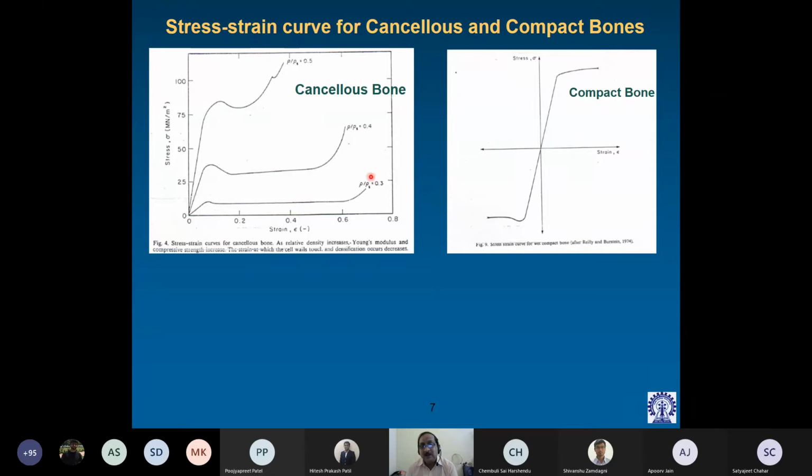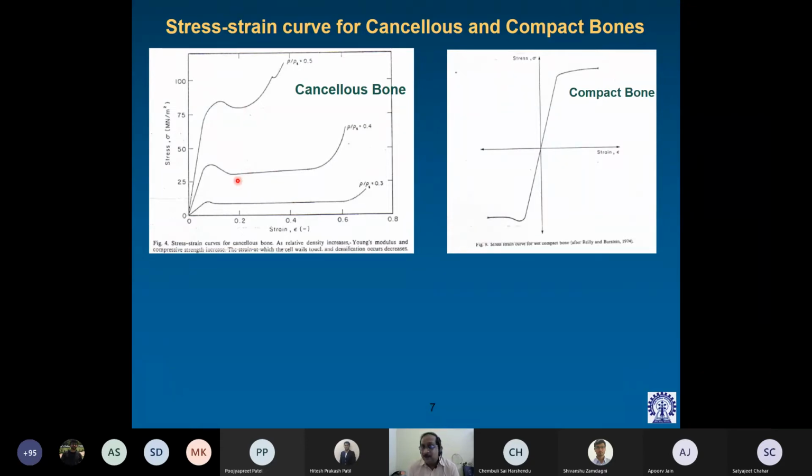You can see that at 3 different relative densities, we have 3 different curves. Okay. Now, as the relative density is increasing, I hope you can clearly see, from 0.3, 0.4 to 0.5, the whole stress strain curve is becoming steeper. Okay?